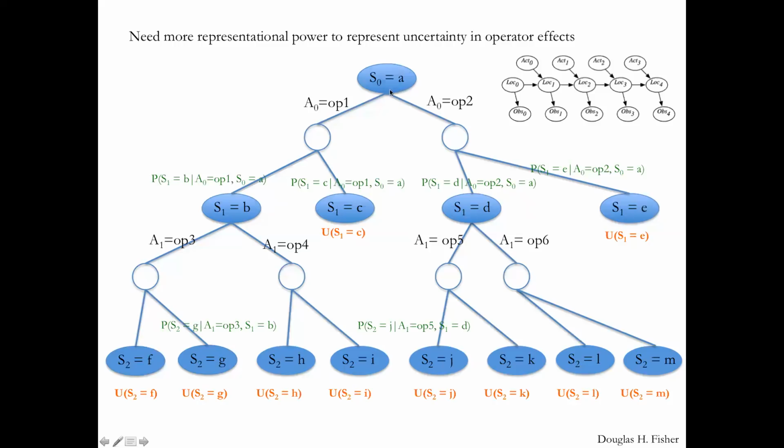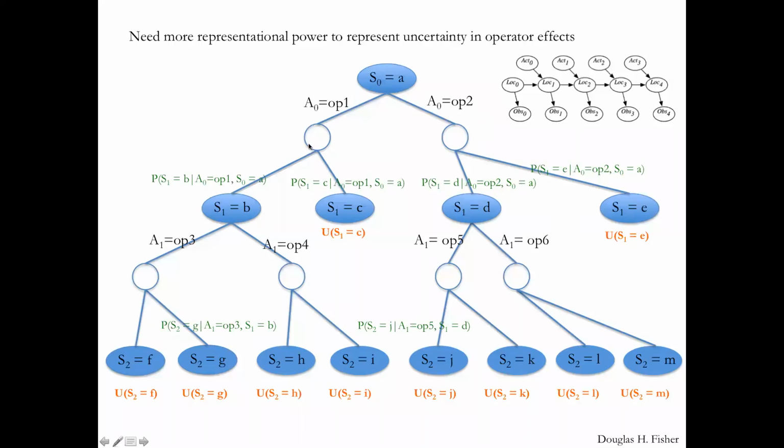We have a particular start state. So it's a state that's been drawn from this population, and it's certain. And we can apply operators, actions, from the domains of these actions. Here I'm just illustrating two in each of these cases. So we can apply operator 1 to that state. We can apply operator 2 to this state.